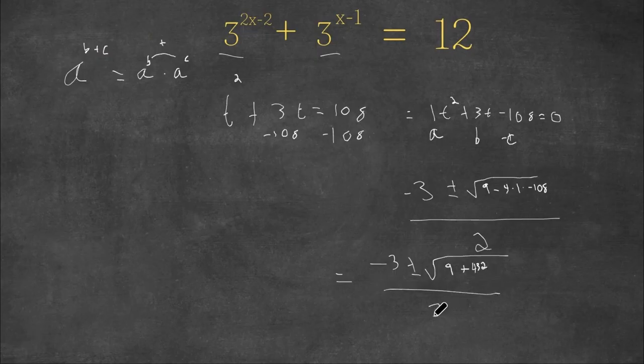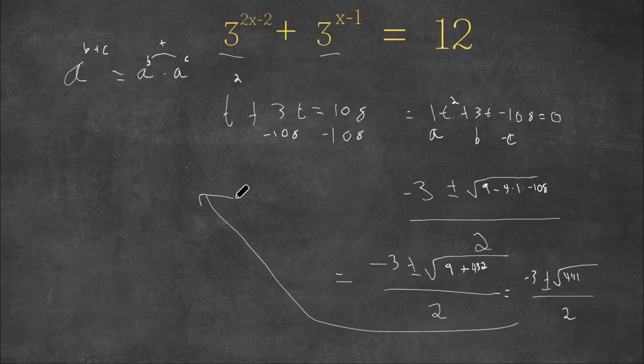And we're still dividing this by 2, and this would equal negative 3 plus or minus the square root of 441 over 2.